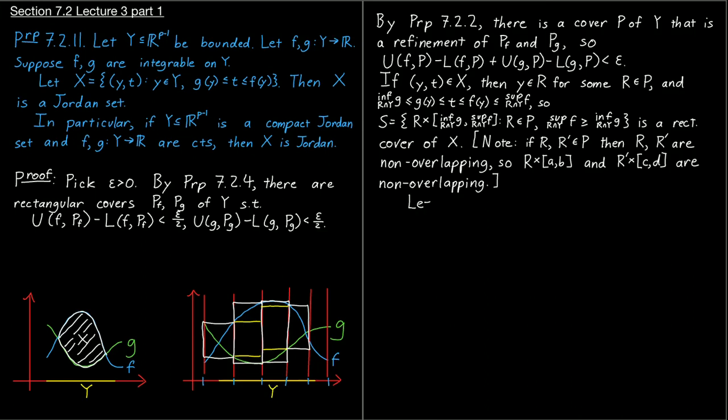Let P1 be the set of all rectangles in the cover of Y that are entirely contained in Y, and also we'll say that the supremum over the rectangle of G, because now the rectangle is contained in Y, has to be less than the infimum over the rectangle of F.